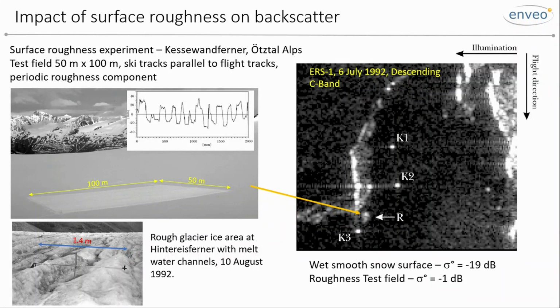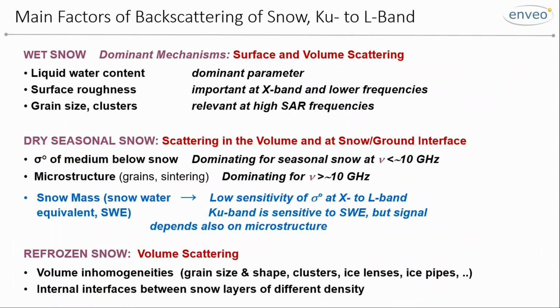From where should we know finally what is changing? So we need to make some assumptions on that. We are measuring the complete change, so roughness change, but also the change in the liquid water content.